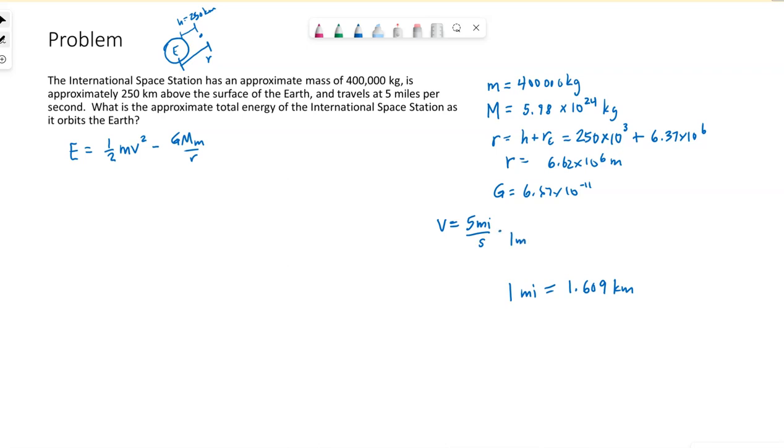So 1 mile, 1.609, but I'm going to put times 10 to the third because I want the meters. So 8,045 meters per second.